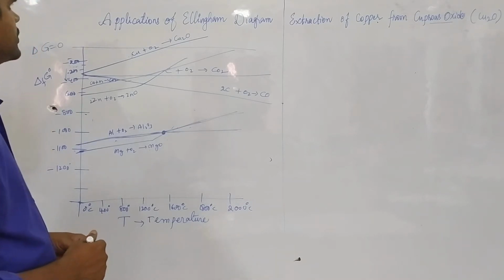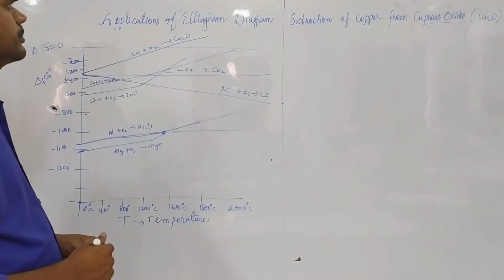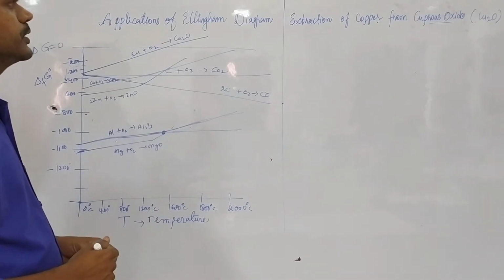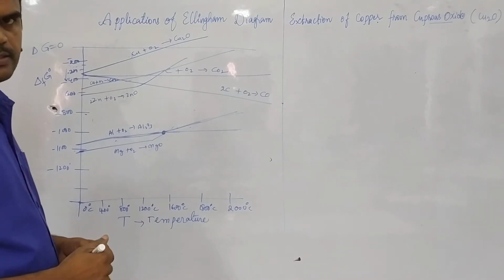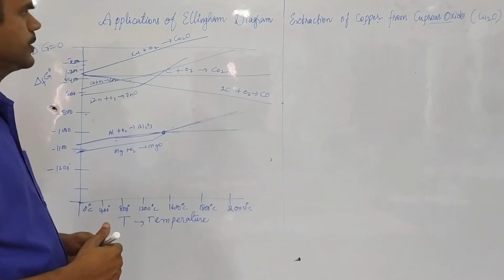So what are the applications? Most of the applications of Ellingham diagrams are used in the extraction of metals from their metal oxides.